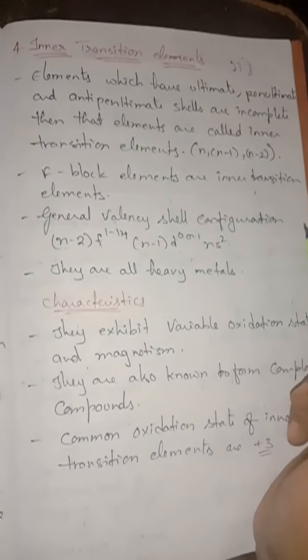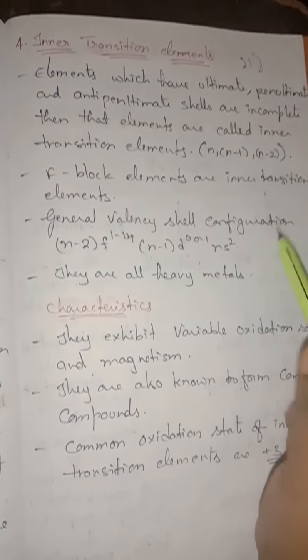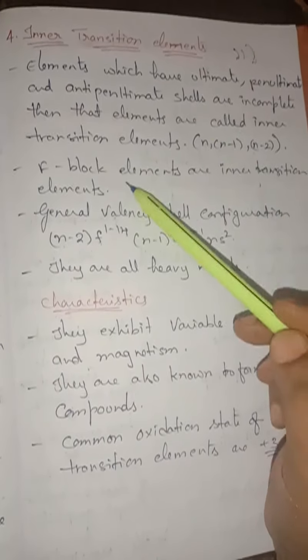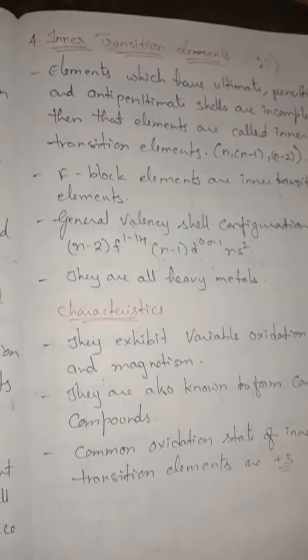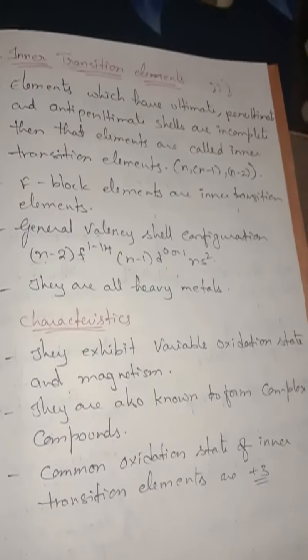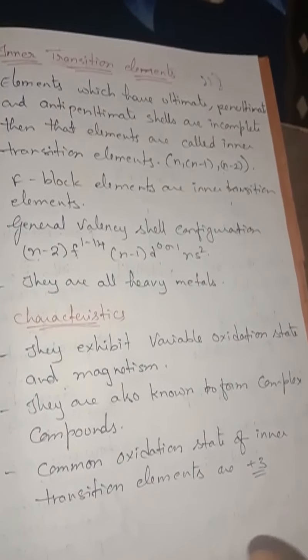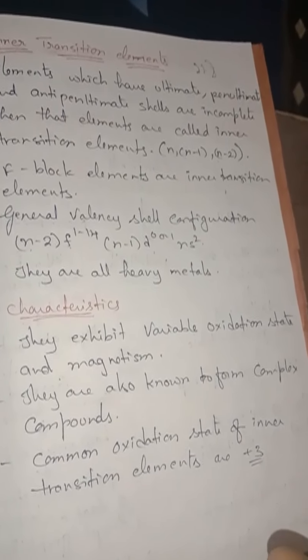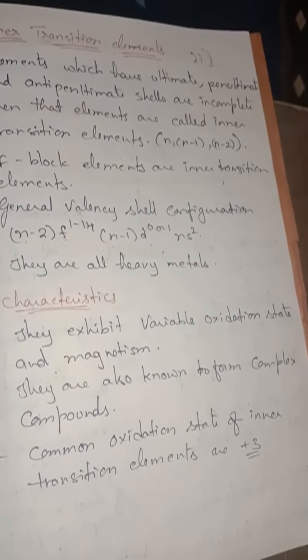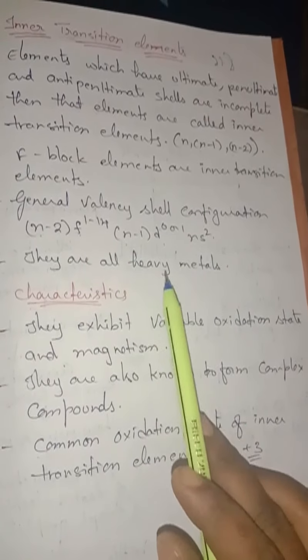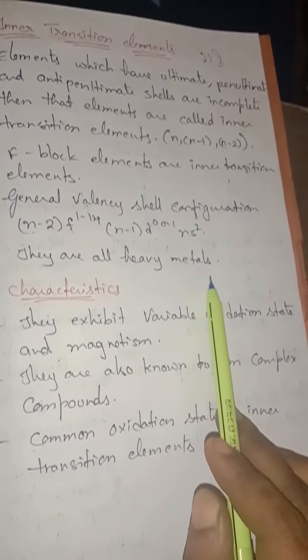The elements present in the f block are all heavy metals. They are nothing but lanthanides and actinides, corresponding to the 4f and 5f series. All the inner transition elements are metals, and they are also called heavy metals.